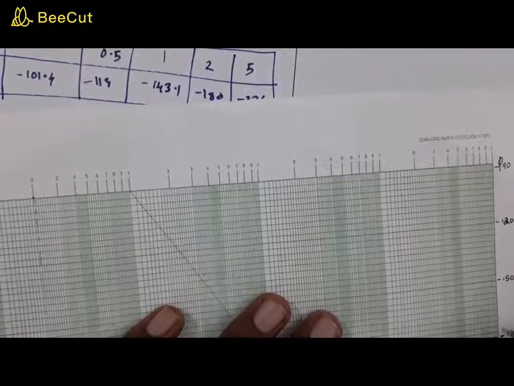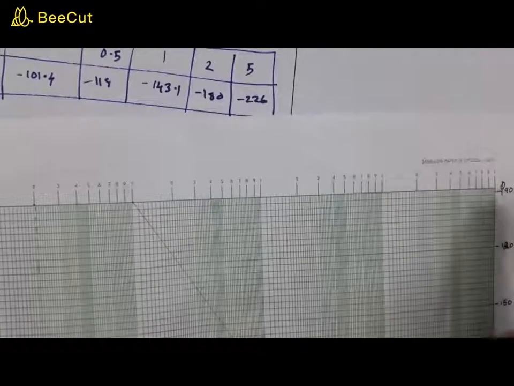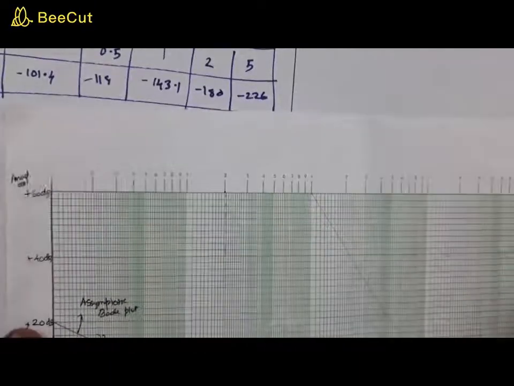The x-axis has a 30 degree division. The full division is 30 degrees, so that means with 10 lines, one division will be 3 degrees each. Using that, you will get the graph.